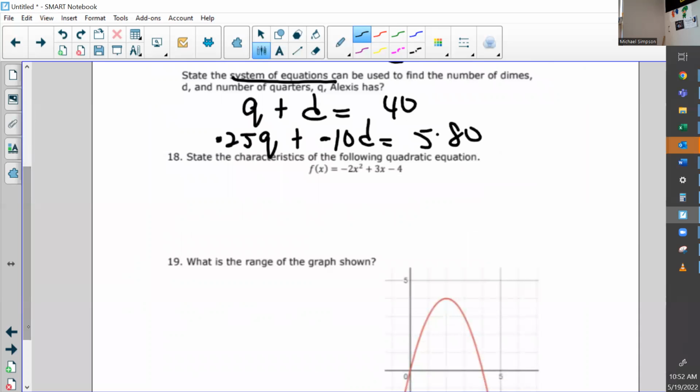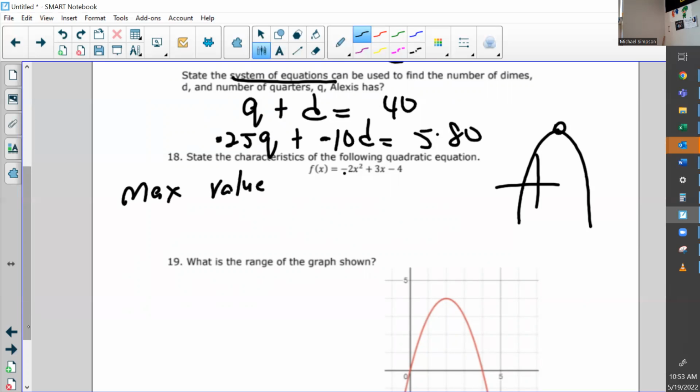18, state the characteristics of the quadratic equation. You can graph it and look at it. Here, it's a negative, so I know it's going to look like this. It's going to open downwards, so it's going to give me a maximum value. And when you graph it, you can see where it crosses the x-axis, if it does. On my cheat sheet, I did this one. Let's see.